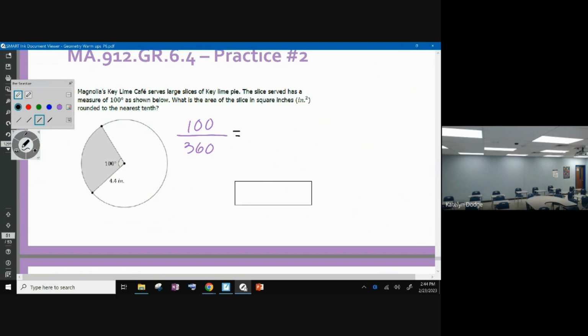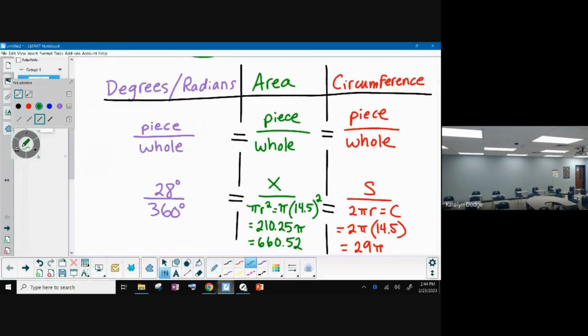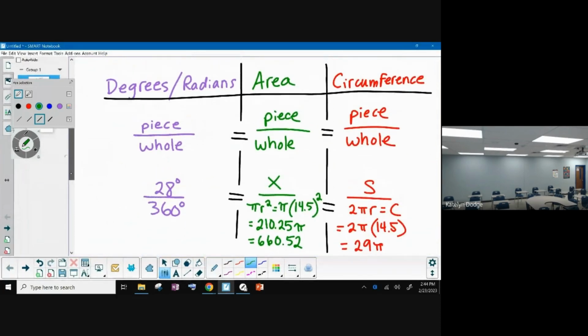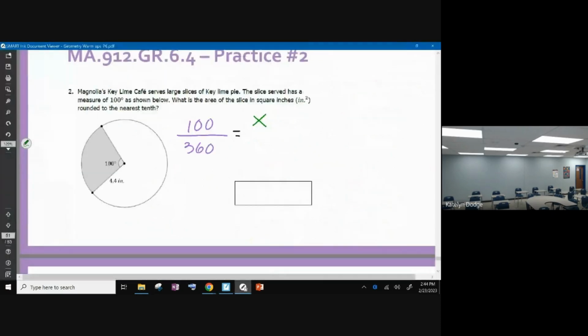It says, what is the area of the slice in square inches? So I'm already thinking I need to find the piece of the area. I'm trying to stick with my color coding here. If I go back, I notice piece over whole degrees is going to equal piece over whole area. So for my entire area, I'm going to need the formula for the total area.